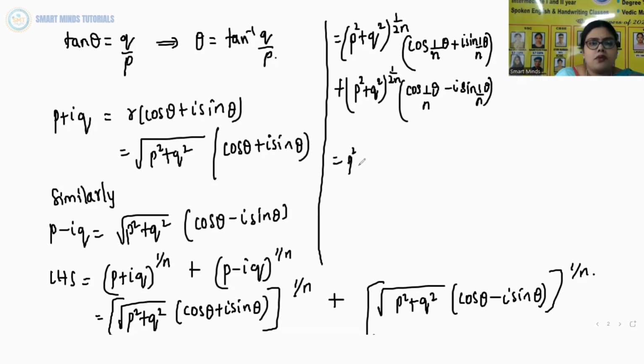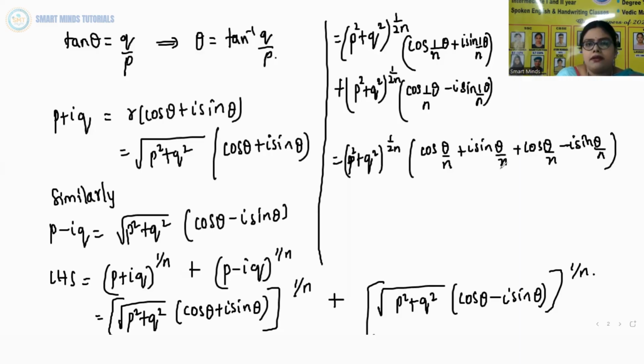If I take (p square plus q square) whole power 1 by 2n common, we get cos theta by n plus i sin theta by n, plus cos theta by n minus i sin theta by n. The i sin theta by n terms get cancelled. That is (p square plus q square) whole power 1 by 2n into cos theta by n plus cos theta by n, which is 2 cos theta by n.